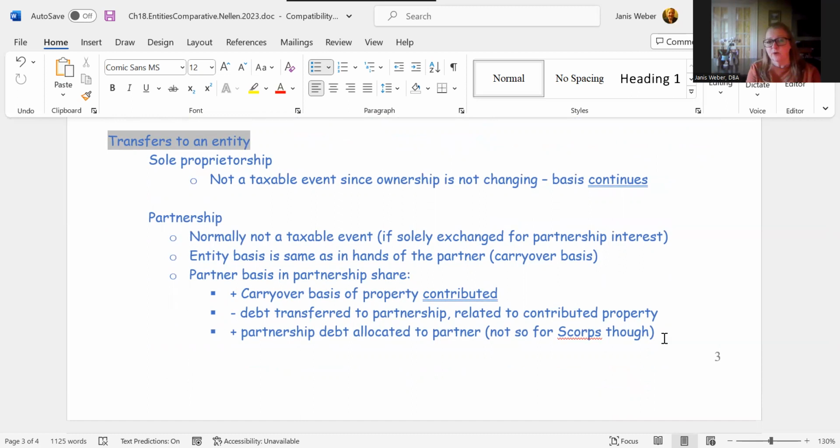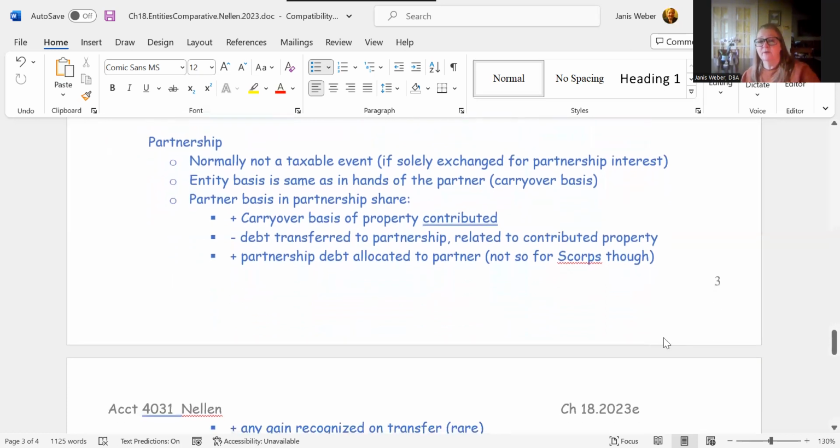So if you put a sole proprietorship asset into a partnership or into a corporation, I'm sorry, no, I messed up. That's not what they're talking about. If you put your personal assets into a sole proprietorship, it would still carry over the basis because you're not changing the ownership at all. It's still going to be a personal interest. And so that's the moving assets into these kinds of entities.